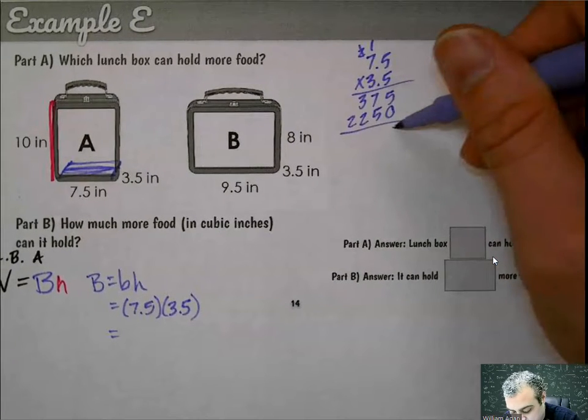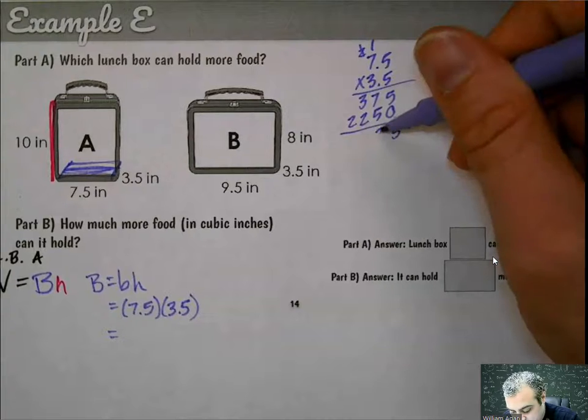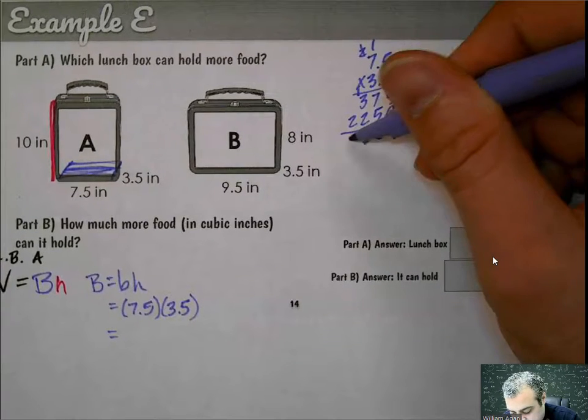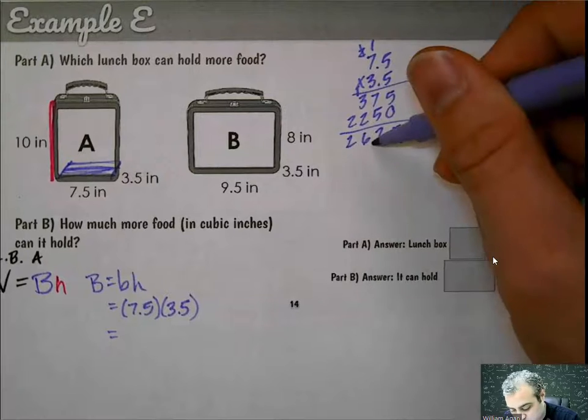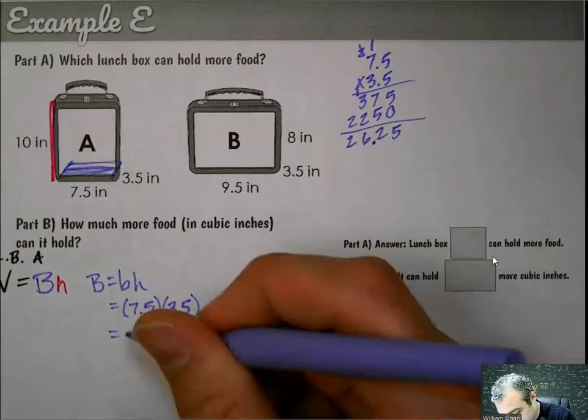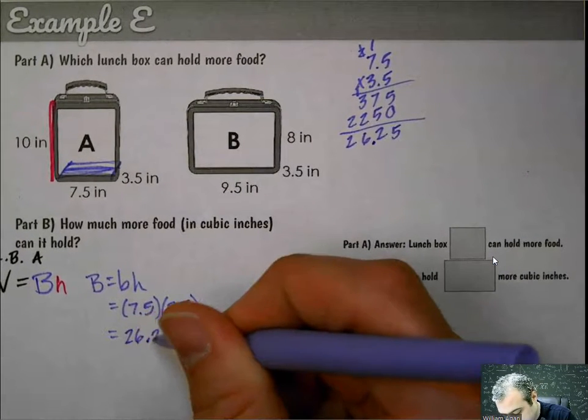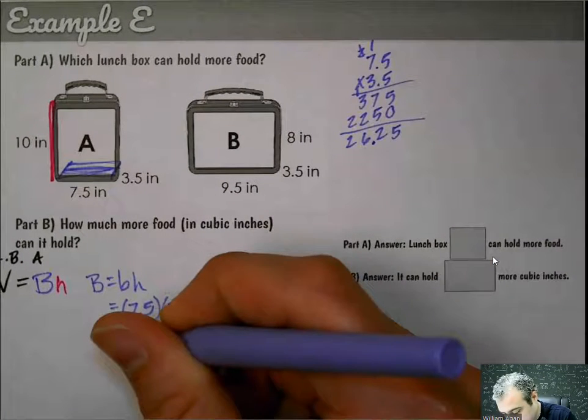And add this all up. It's 5, 12, 6, and 2. Okay, and I have two numbers behind the decimal, so the decimal needs to go right there. So that is 26.25. That is my big B.